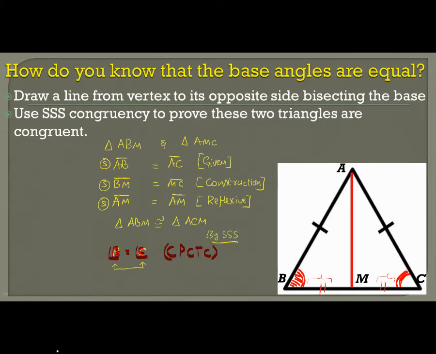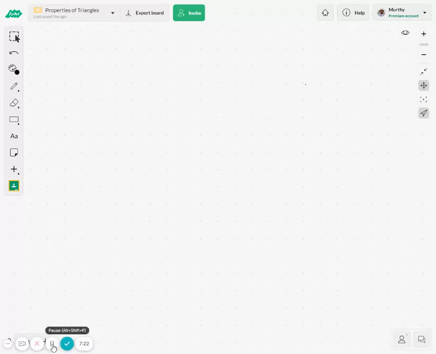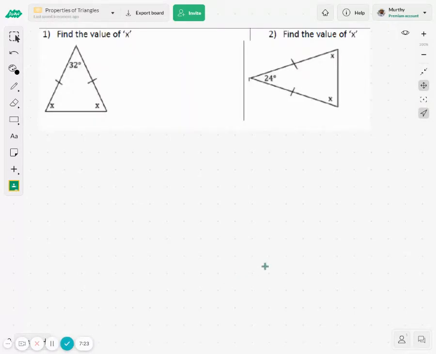Then continuing to the next part, let's take the whiteboard. Here I'm going to present two quick examples. I see that two sides are marked.